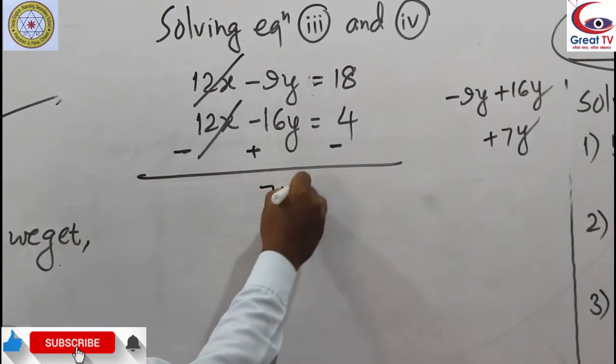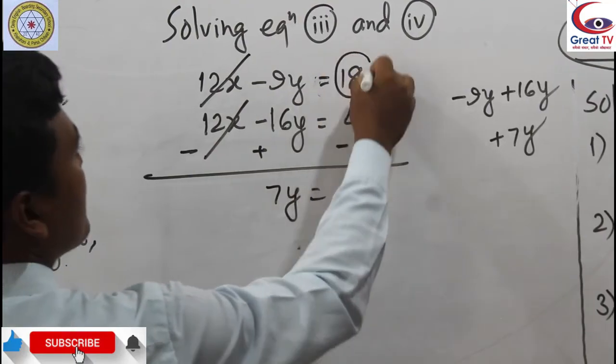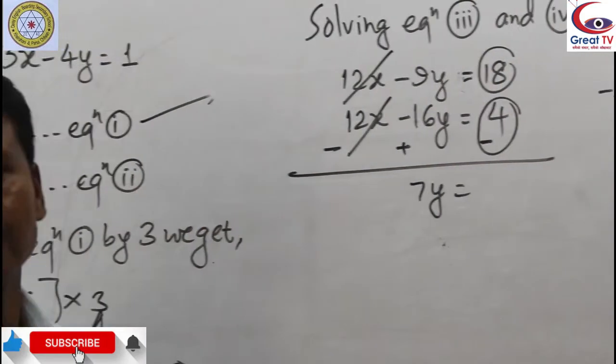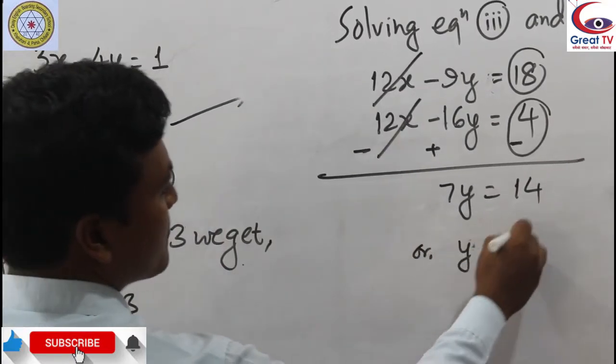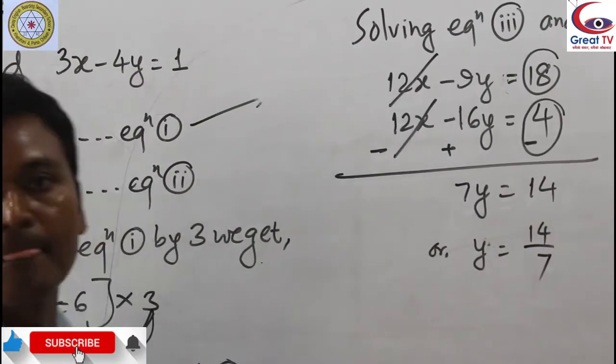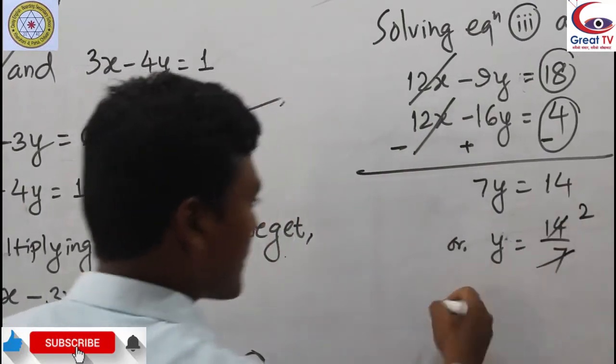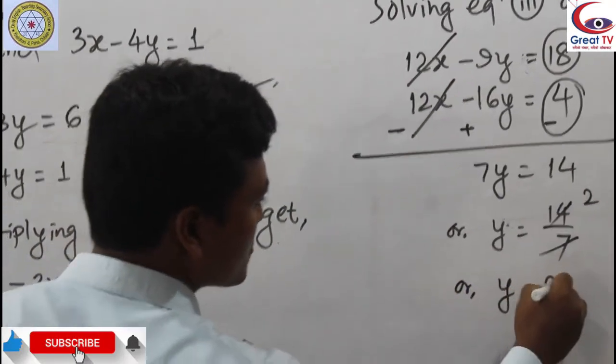So 7y equals 18 minus 4, 14. After this, y equals 14 by 7, 7 twos are 14, so y equals 2.